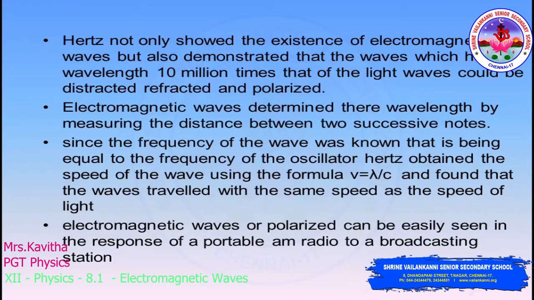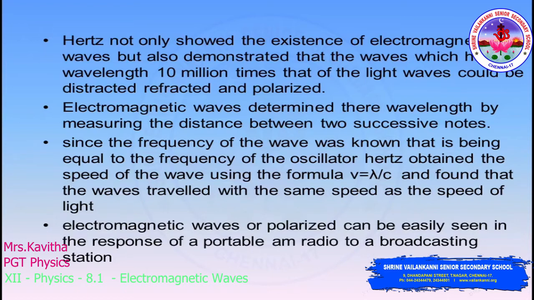He also produced stationary electromagnetic waves and determined the wavelength by measuring the distance between two successive nodes. Since the frequency of the wave was known, being equal to the frequency of the oscillator, he obtained the speed of the wave using the formula v = ν λ, and he found that the waves travelled with the same speed as the speed of light.